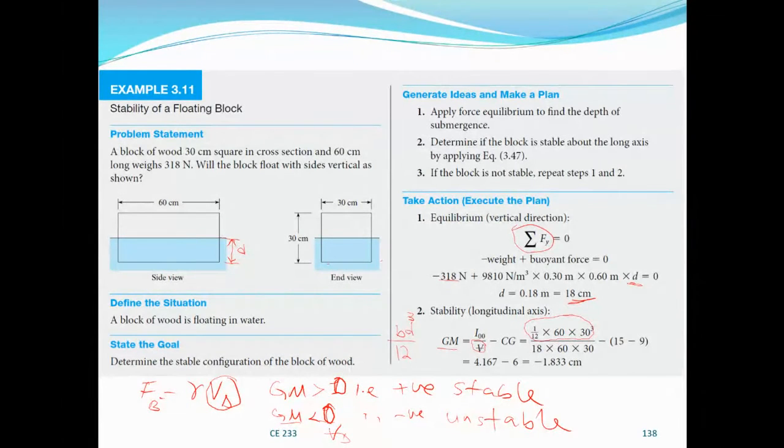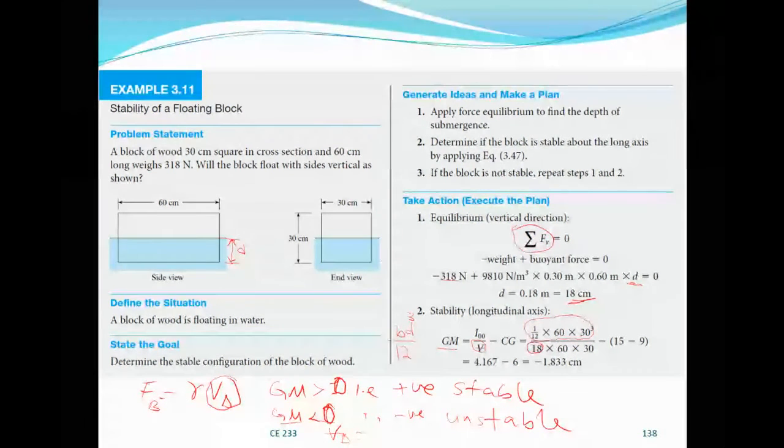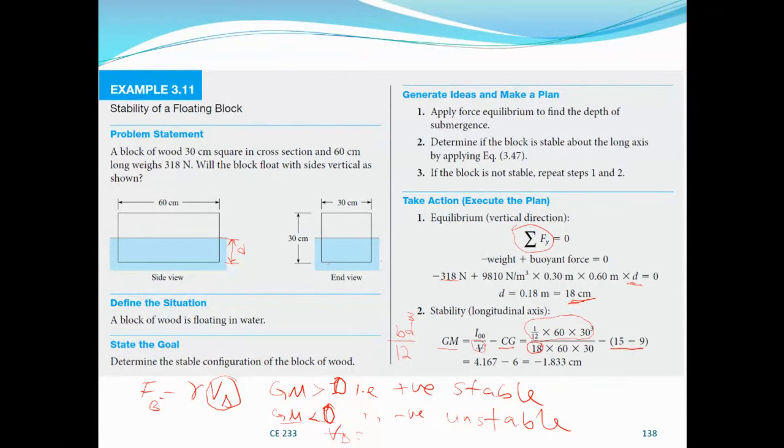V is the displaced volume, which is found from the volume submerged, using the D that we found here. Then this one is CG.